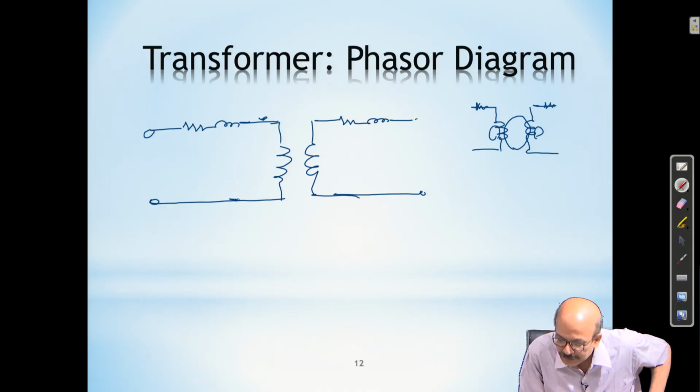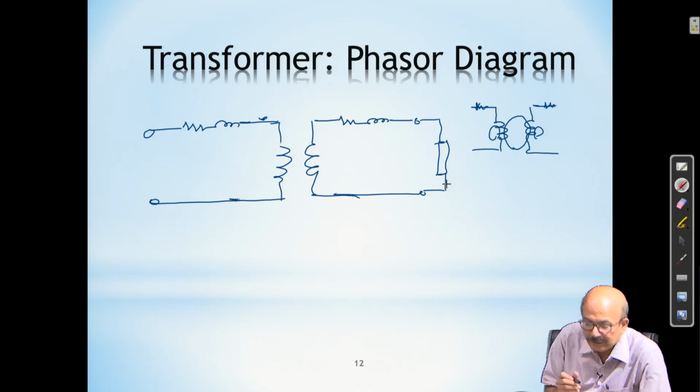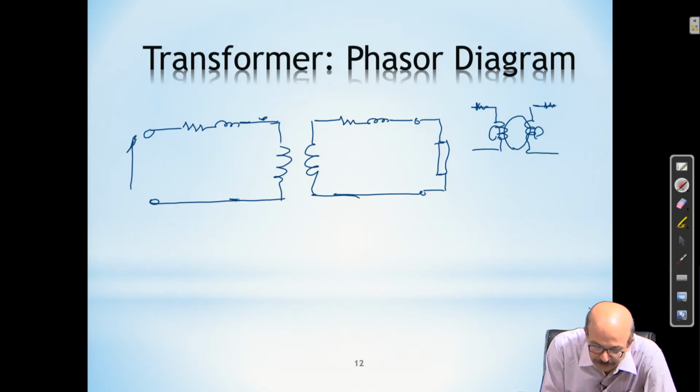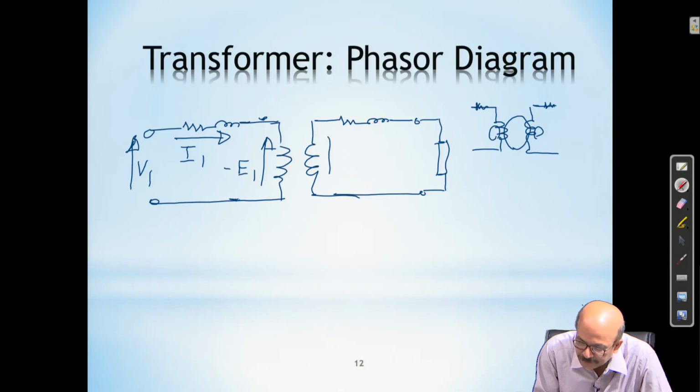And for this transformer, if we connect a load, then this is V1, this current is I1, as per our nomenclature this is minus E1, this is E2, and this is V2, the load voltage.